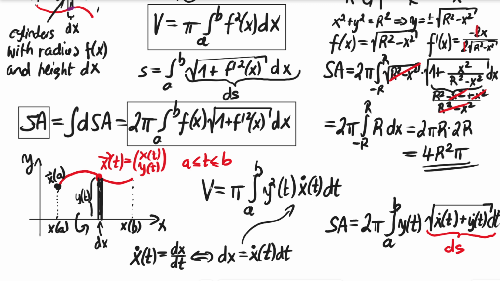So once again, volume is pi times radius squared times this new expression for the infinitesimal dx. And for the surface area it is the same with the radius, but then you have this infinitesimal arc length formula for curves. So that's all I wanted to tell you. Thank you for your attention and see you next time.